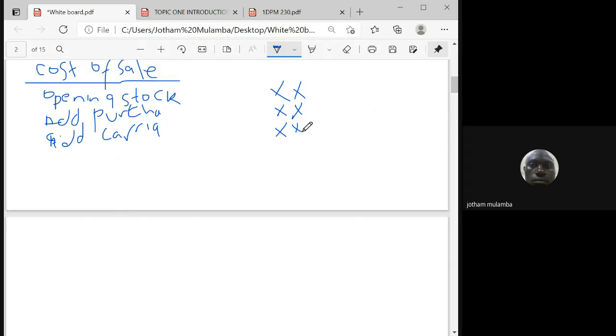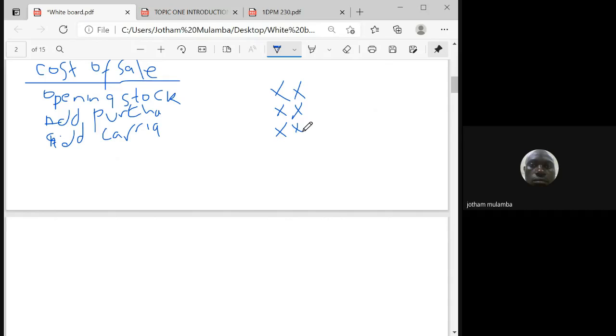If he comes to supply those goods to our premises, the charges he will charge will be slightly higher than if we went to Kamkunji directly. If we went to the factory, we'll pay lower cost because they are not incurring any cost to transport those goods. But if they transport to us, they are likely to charge higher. So the cost we pay if we have bought from the factory, we still have to add to the purchase price so that we get how much we have purchased.